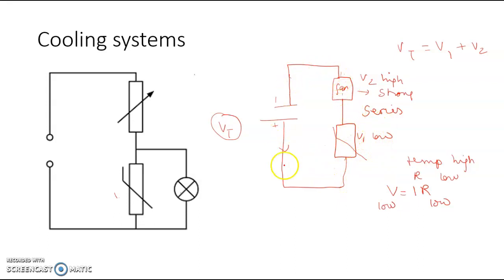So this sort of setup you would use when you want the fan to start when the temperature is high. So you could arrange this type of circuit in any type of machine where you want to cool the system down as the temperature increases. So it could be in your phone, it could be in your computer system.